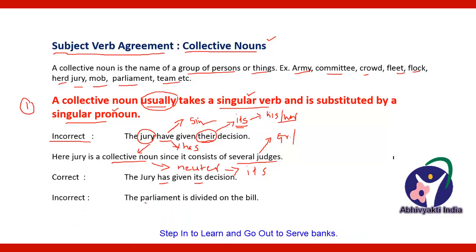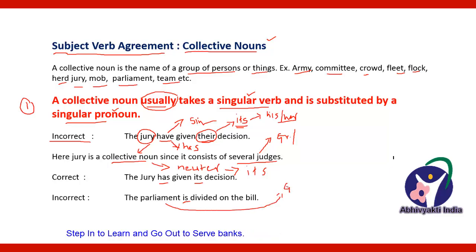Now see another example. The parliament is divided on the bill. Parliament is a group of parliamentarians, so it is a group. And since it is a group of people, it is a collective noun.